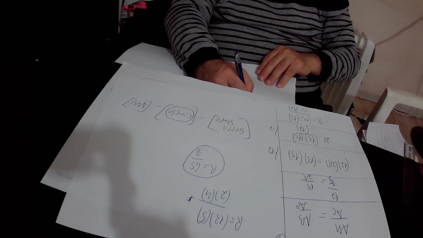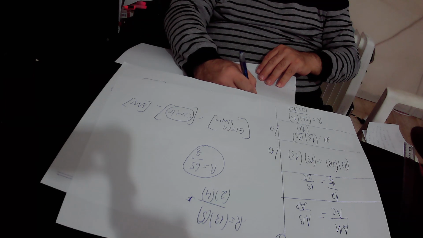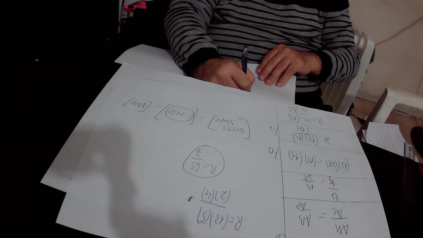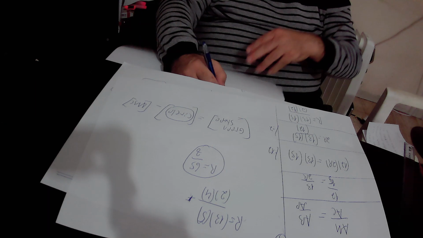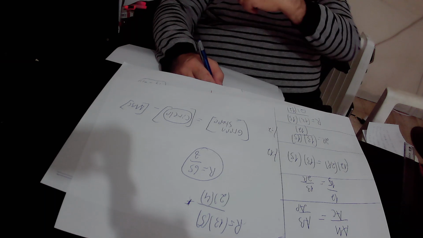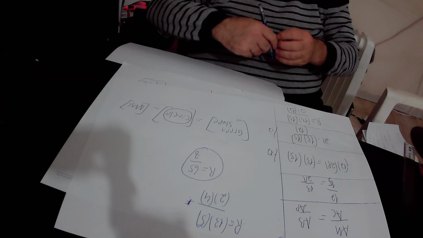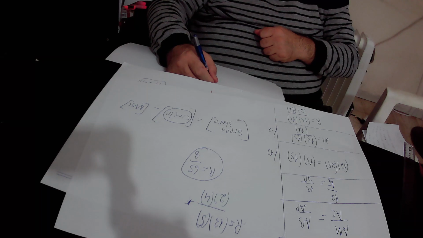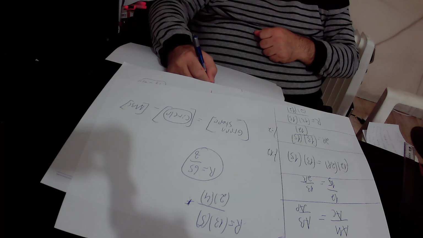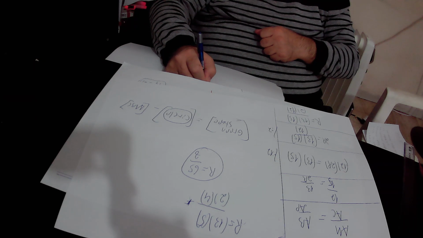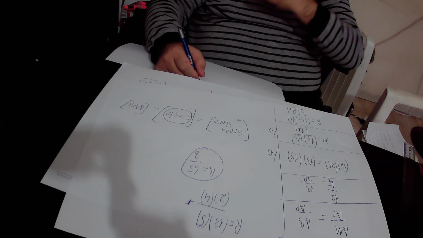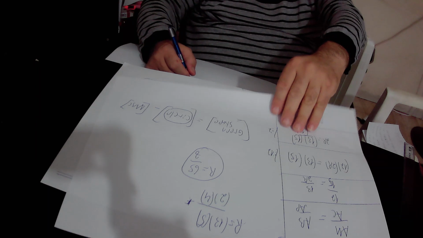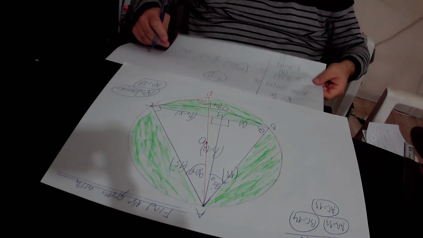So the area of the green shape in total equals the area of the circle. The area of any circle is pi r squared, minus the area of triangle ABC.